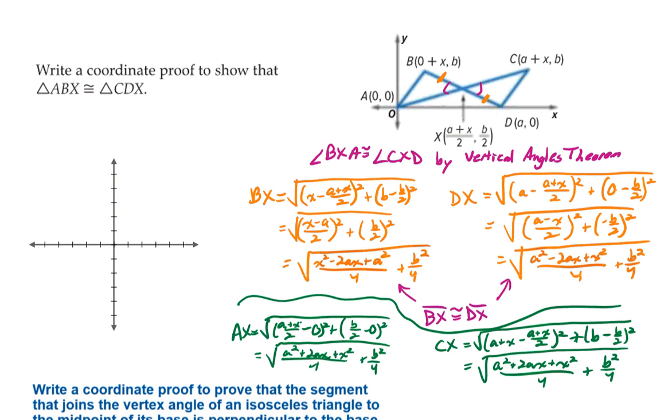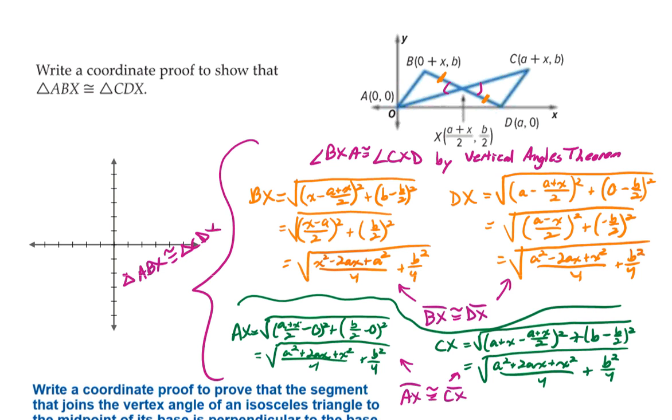And since these are the same, this tells me that segment AX is congruent to segment CX. And so all of this together means that triangle ABX is congruent to triangle CDX by side angle side.